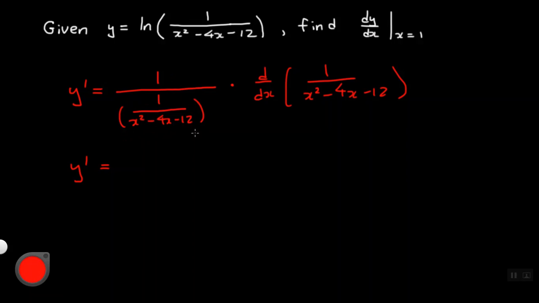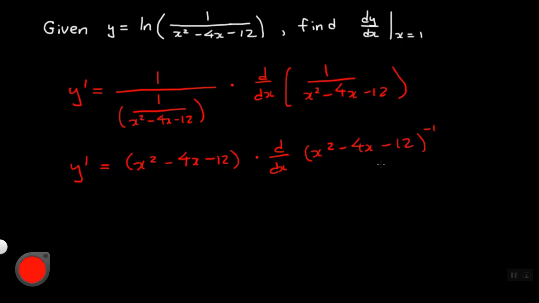Now let's clean this up. That's kind of an insane way of writing that. That's just x squared minus 4x minus 12. Treat it as one thing in this product, and then think about how we can differentiate this. The quotient rule is an option, but it might make more sense, in a separate step that I should have done before, to recognize that this is the same thing as that to the power of -1.